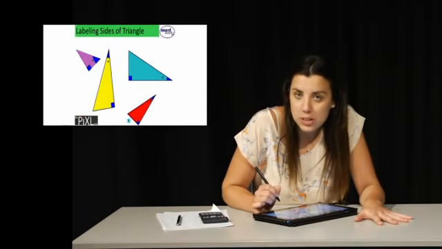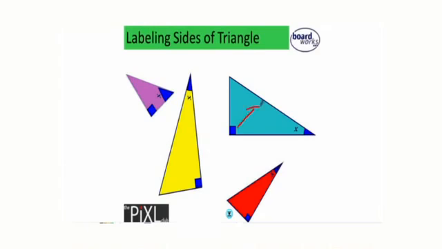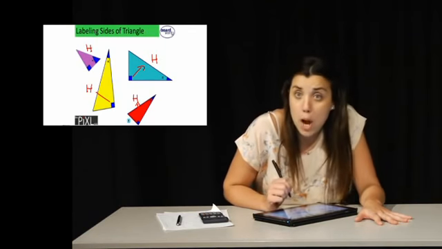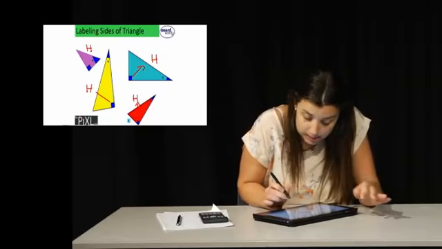So if we look at these triangles together now, the first side, hypotenuse. Go to your right angle, draw a line across. That's my hypotenuse. I'm going to do all my hypotenuses first. This one is red, the yellow one is here, and the purple one is here. The next side I'm going to label is my opposite. Opposite the angle, not the right angle, the angle that is labelled.